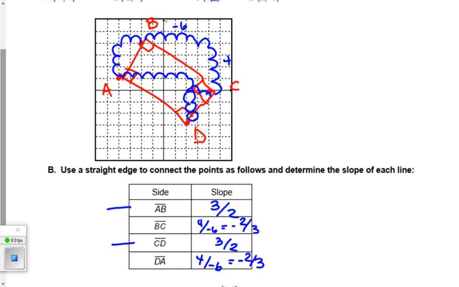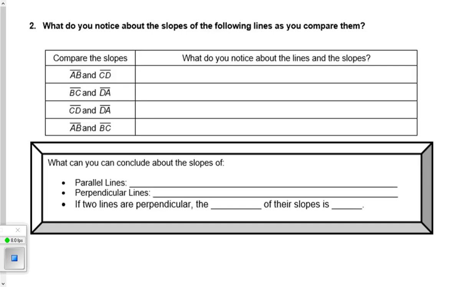AB and CD. Here's AB, here's CD. Well, this is a rectangle. We know that those lines are parallel. So what do you notice about the lines and slopes? Parallel lines, same slope. They're both 3 halves.